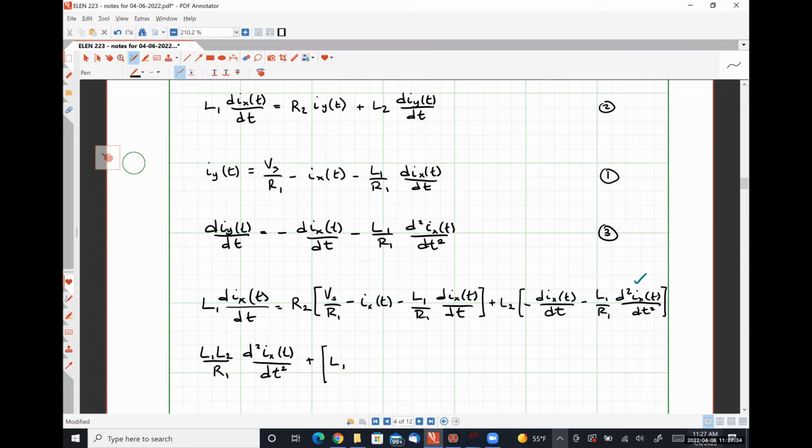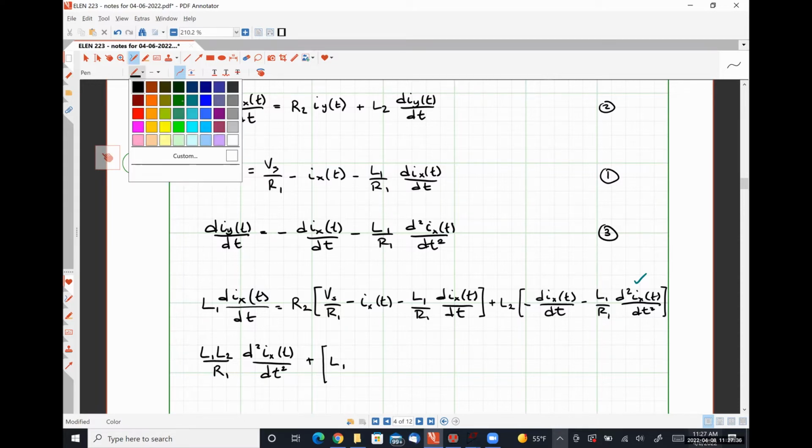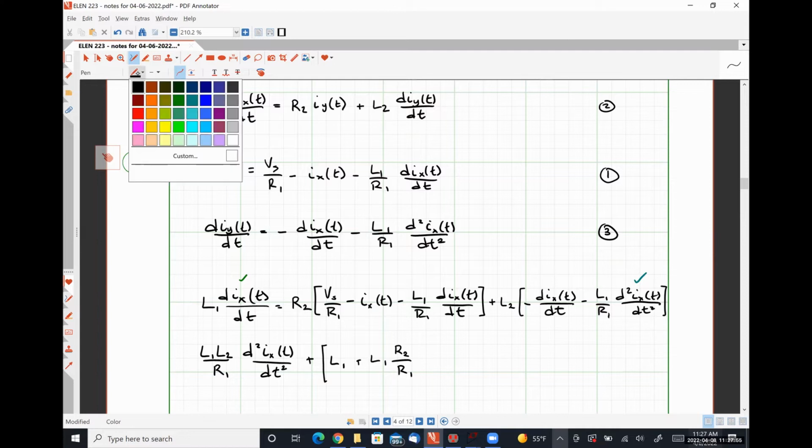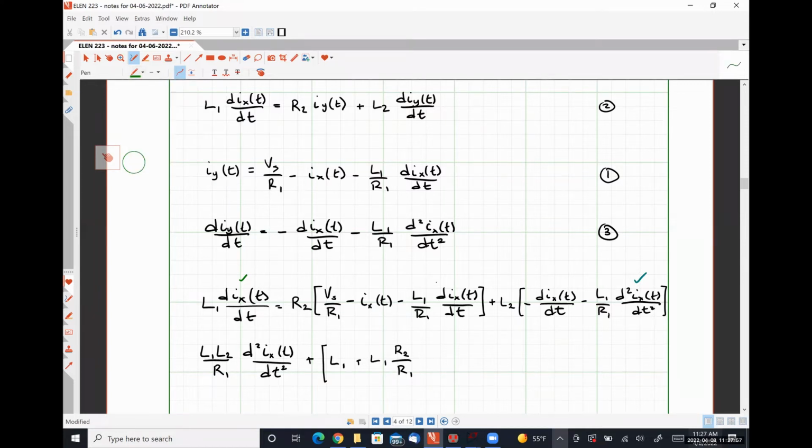So we have an L1 term from this guy right here. We have an L1 times R2 over R1 term that's coming from this guy. Right? So I have R2 times L1 over R1.